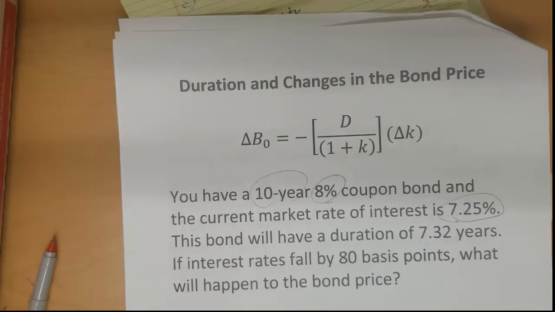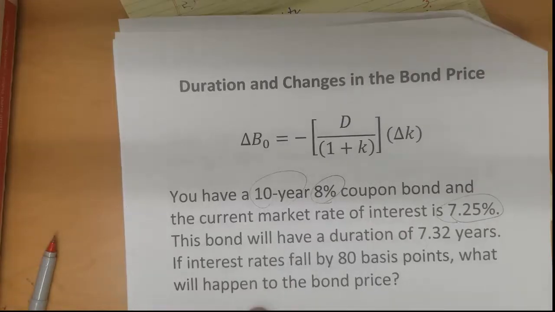Let me give you a scenario. When interest rates change, obviously that changes the bond price. As interest rates go up, the bond price will go down, etc. Just imagine you were holding a bond that paid a $40 coupon, with 3 years left to maturity.